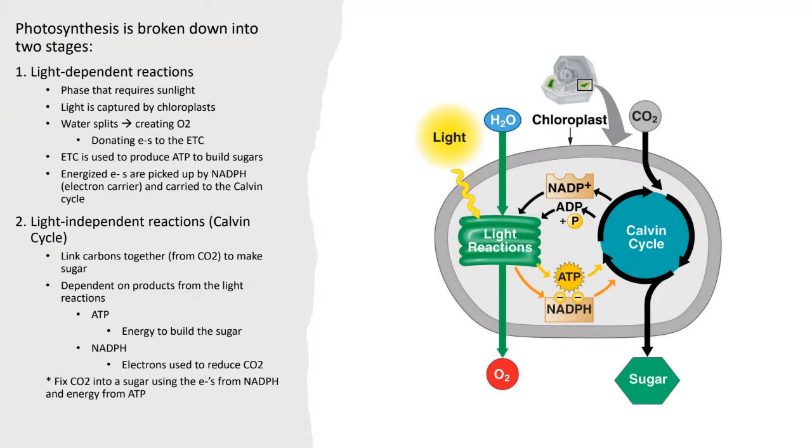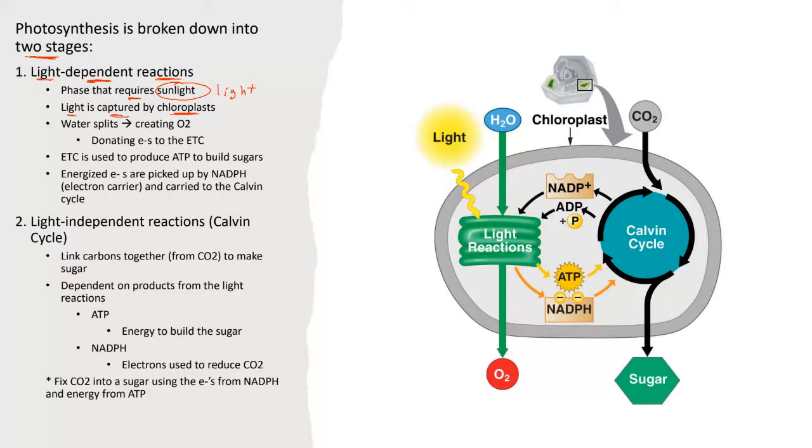So, like I said before, photosynthesis is going to be split into two stages. Okay, the first stage is going to be the light dependent reactions. Why do we call them the light dependent reactions? Because it requires sunlight, it requires light for this to happen. This light is going to be captured by the chloroplasts.